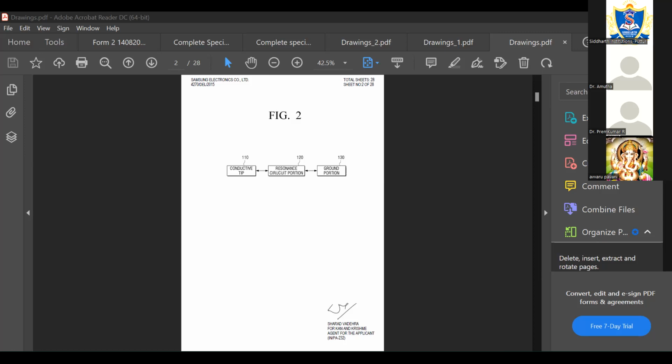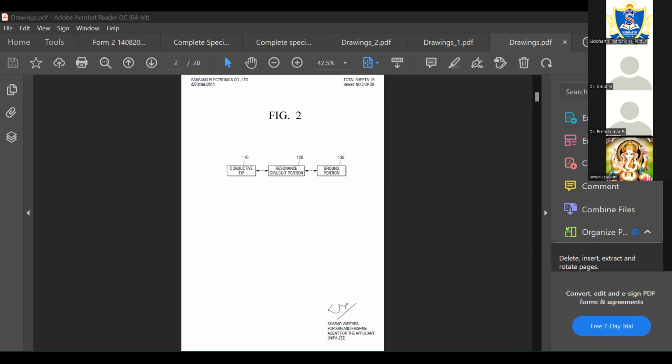We have two different types of claims. One is dependent, another one is independent claim. The independent claim is the most important part of the invention, and a dependent claim will depend on the previous claim.